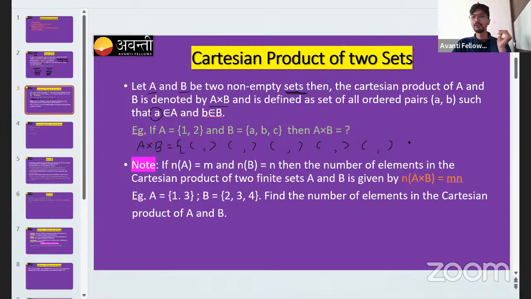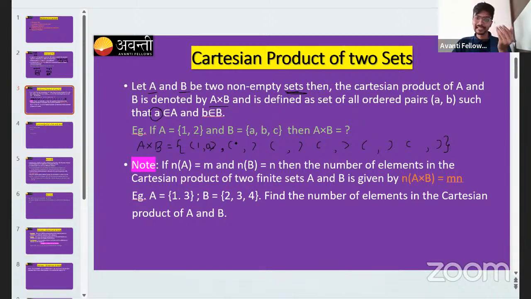So if I want to make different combinations, then how many combinations will be possible? Let us say if I take first element 1 here and second element I have to take from B. So one of the ordered pairs will be 1 comma a. Sorry, this is comma. Please ignore my handwriting.